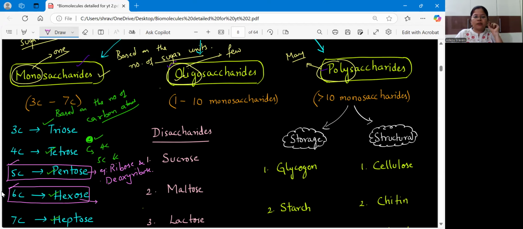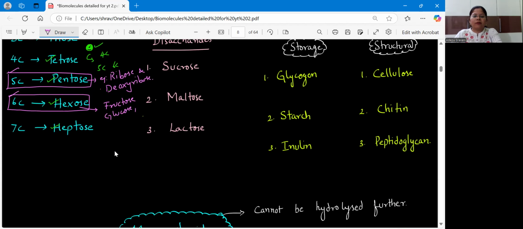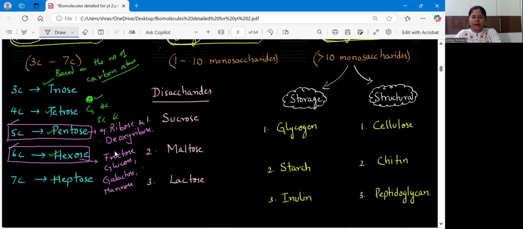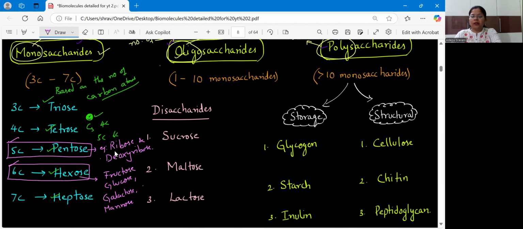And for hexose, we have fructose, then glucose, then galactose, then mannose. All these are the different examples of hexoses. Only these pentoses and hexoses will be discussed in detail later. This is about the monosaccharide.